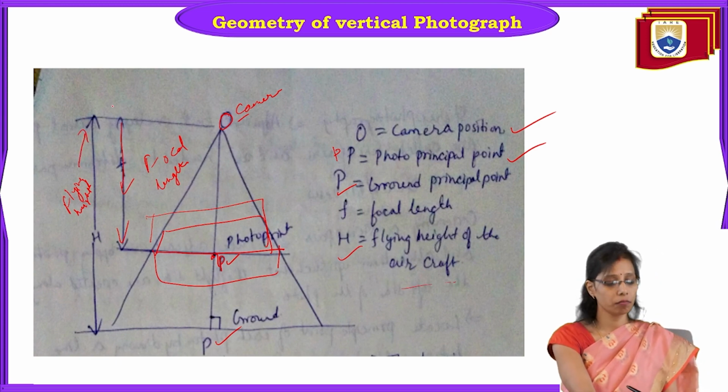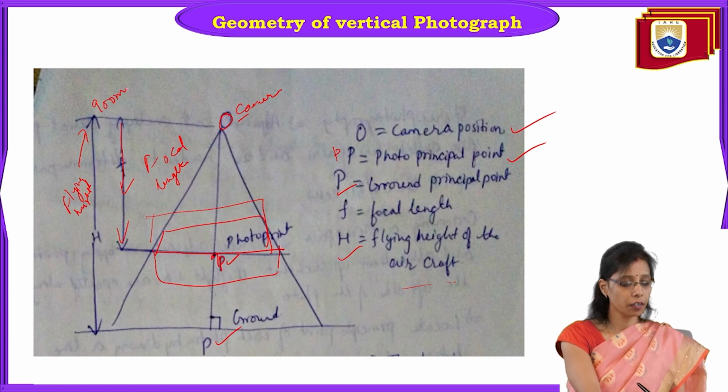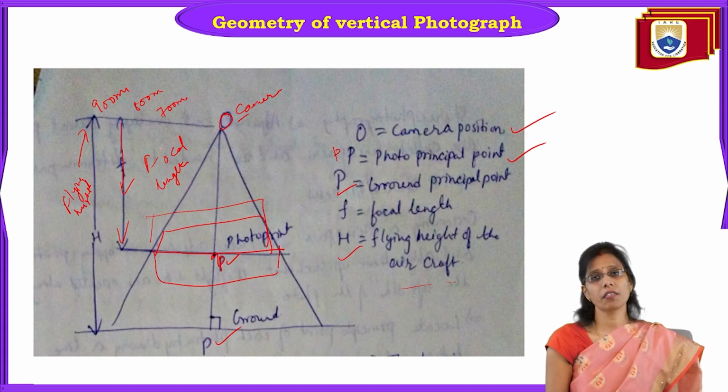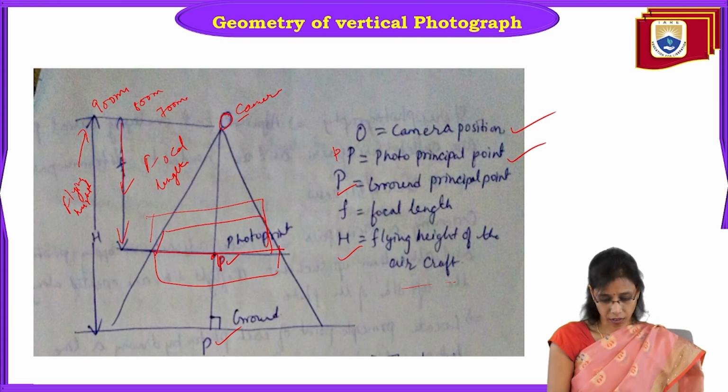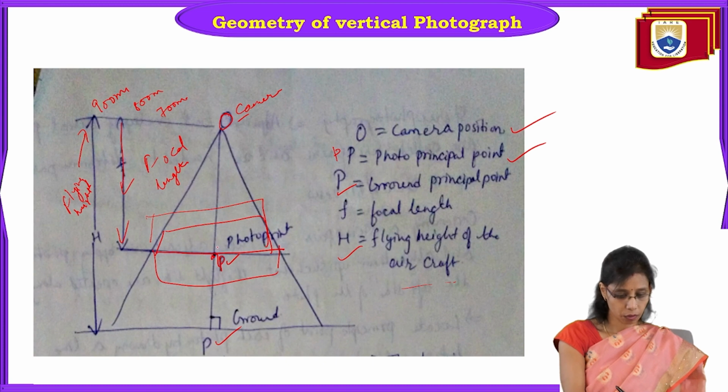It can be 900 meters, 800 meters, or 700 meters. Depending on the scale, the flying height is decided. This is how the photo, small photo, and the ground photo relate.